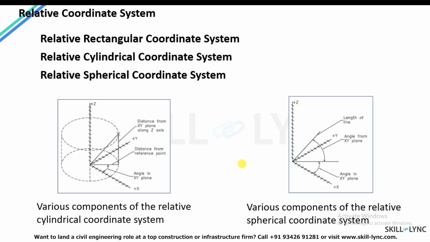Over here, I define a point with respect to the previous point, and I have two things. One is the length, the other is the angle that I have to define. Now, in angle, I have to define two angles. One, the angle in the xy plane, and the other angle is from the xy plane. To explain this better, I will take some examples.